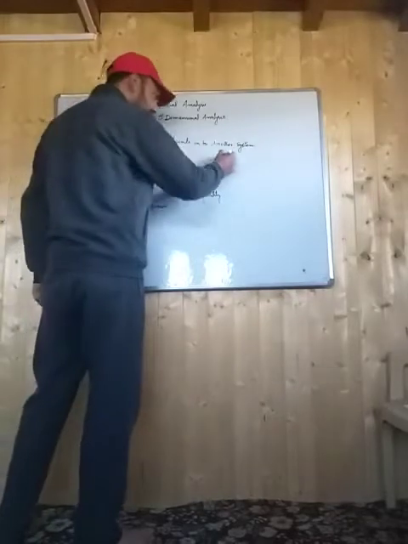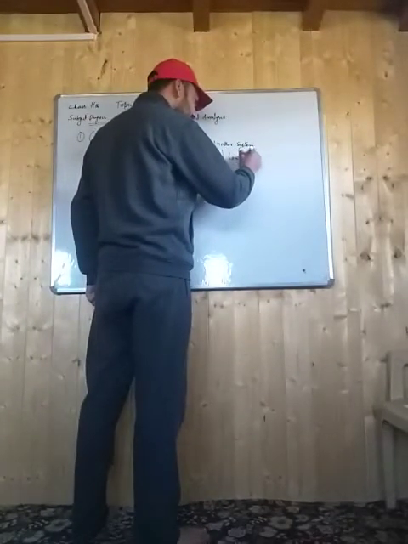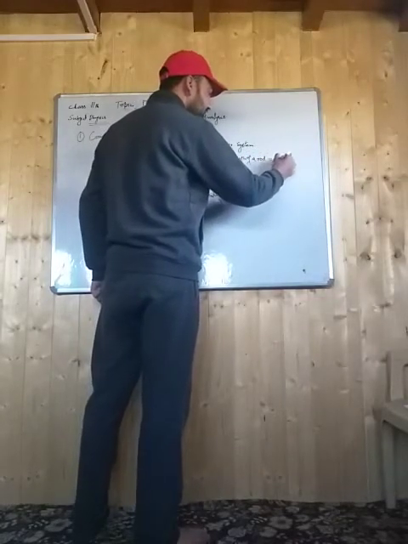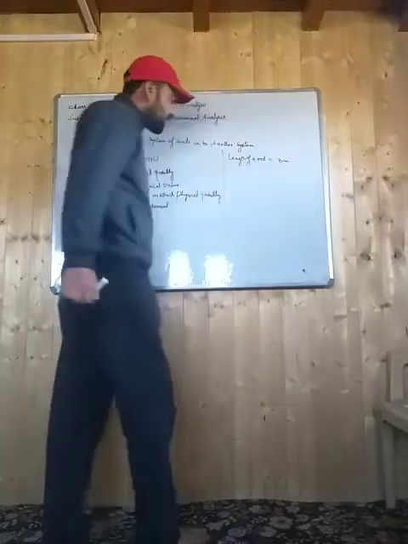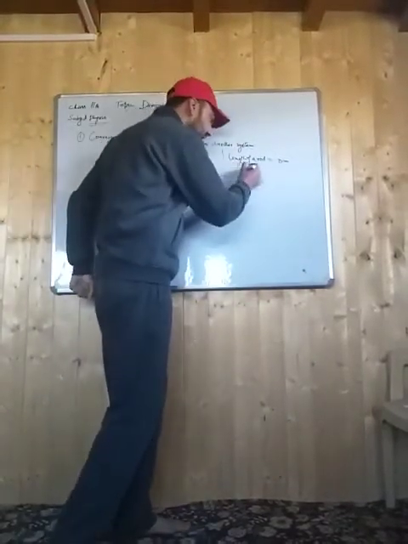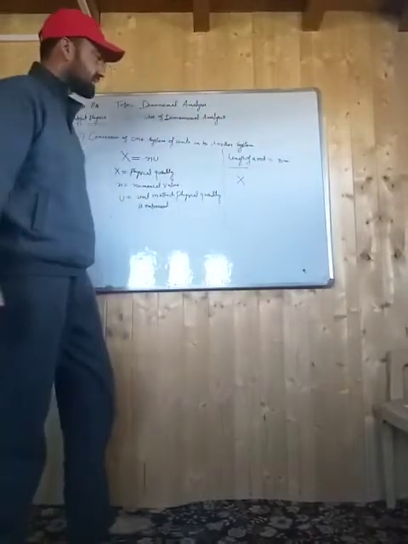So we'll take an example, such as the length of a rod that is 3 meters. The length of the rod is a physical quantity, which we represent by x.